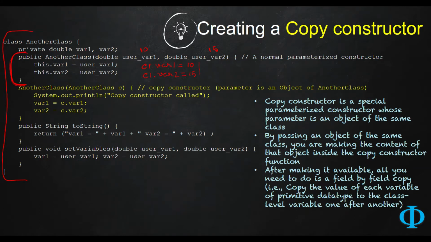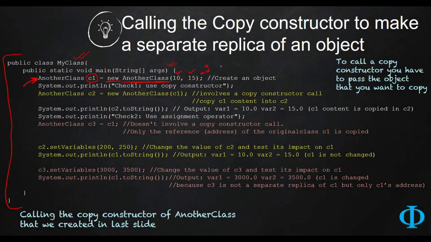It will look similar in the main function also, after this call and after the parameterized constructor is executed and after the object is created, it will look something similar to what I have just written in the last slide, that is C1.var1 has the value 10 and C1.var2 has the value 15 over here. So C1 is created with these values.